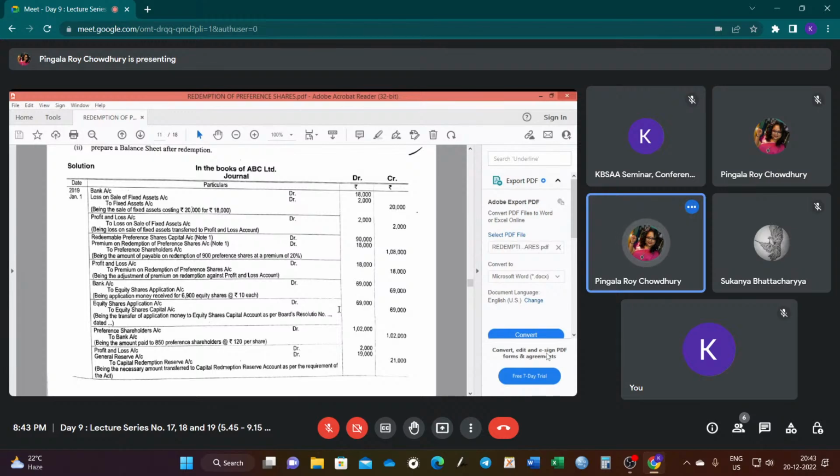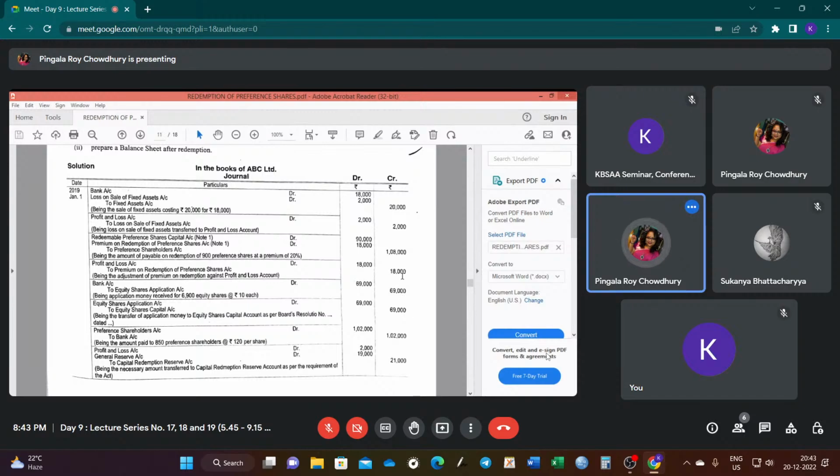That multiplied by 850 will give you 1,02,000. So you need not pay 1,08,000 because you could not trace 50 shareholders. So 50 shares have to be subtracted from 900. Now you have 850 preference shares multiplied by 120. How come 120? 100 rupees face value, 20 rupees premium. So 120 rupees per share on 850 shares will give you 1,02,000.